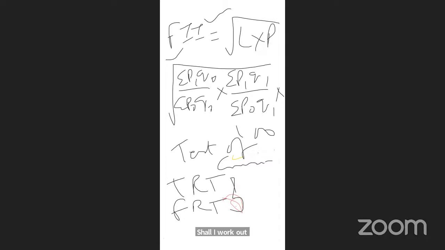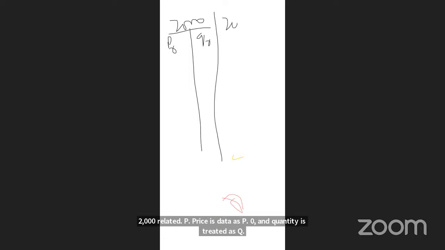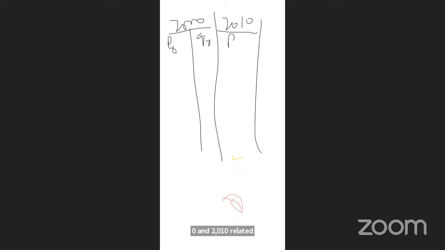Right. So I'm taking the problem here. See, 2000 related, price is treated as P0 and quantity is treated as Q0. And 2010 related, you have the price as P1 and the quantity as Q1.